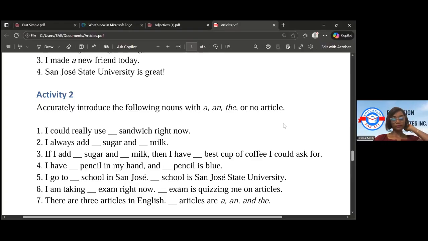The exam is squeezing me on article. Okay, I didn't hear the answer. I am taking exam right now. So it's no article for the first part of it.